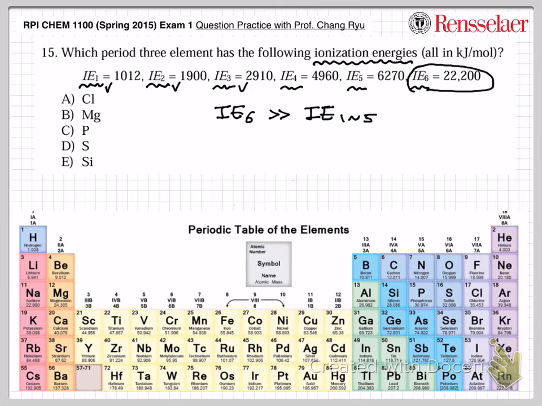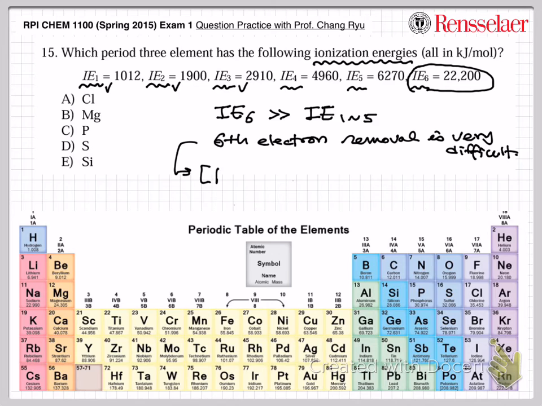So what that means is the 6th electron removal is very, very difficult. In that case, I will write the notation of whichever noble gas you choose, plus 5 electrons.